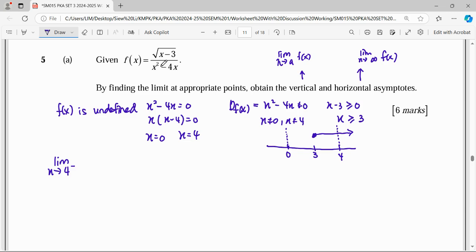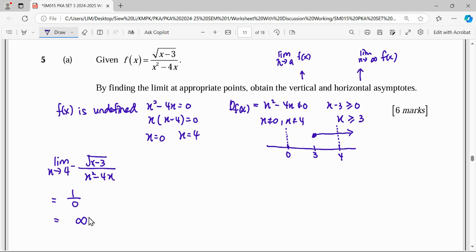Boleh tengok function tu nak ke mana. Ada domain maksudnya ada graph. Ada graph, kita boleh tengok lah dia function dia nak ke mana dalam asymptote tu. Okay, so limit for x approaches 4 for the function. When we substitute 4 inside, it is 1 over 0. 1 over 0 is equal to infinity.